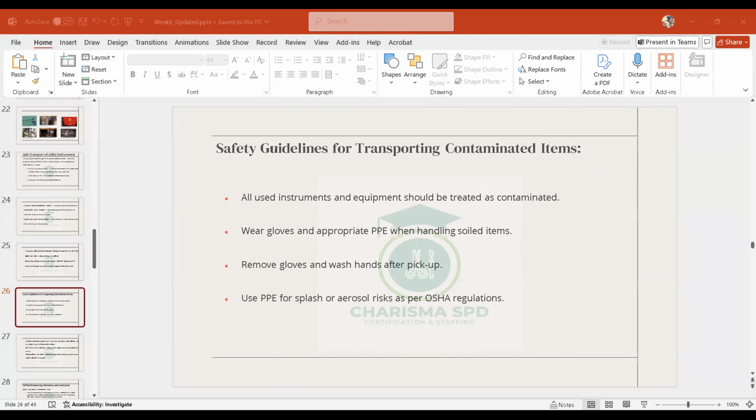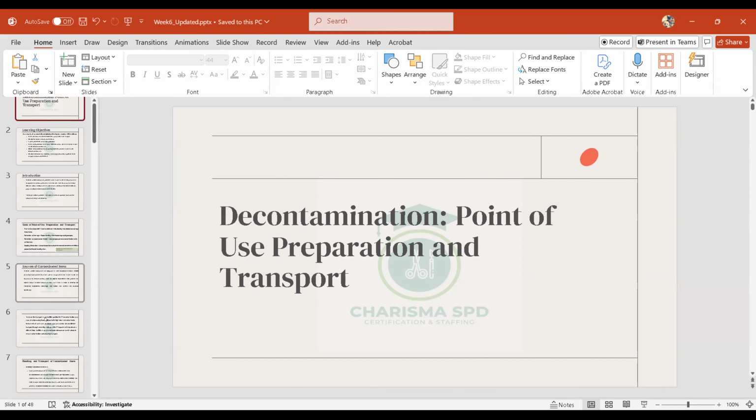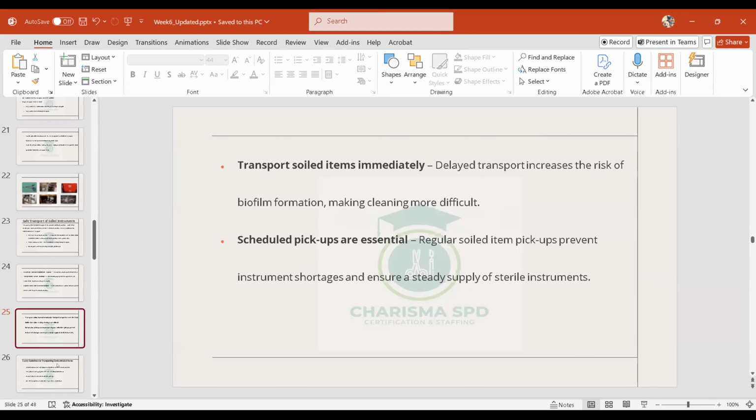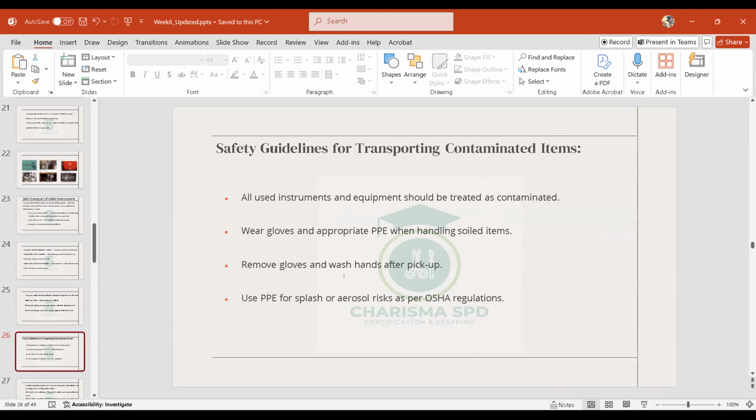So, safety guidelines for transporting contaminated items. All used instruments and equipment should be treated as contaminated, regardless of whether you see blood or fat tissue. Deem anything coming from the OR as contaminated.